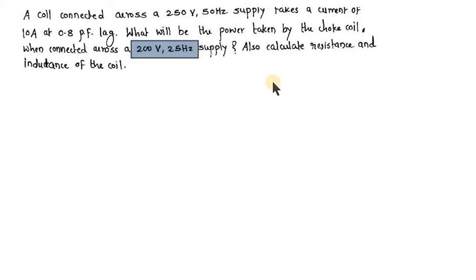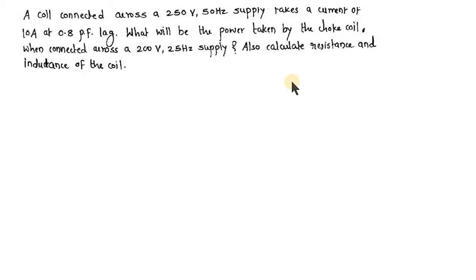Now before we actually begin solving this numerical, one should understand the effect of frequency on the coil. The coil represents a series RL load. Will its resistive part and inductive part be affected by the change in frequency or not? This is the question.